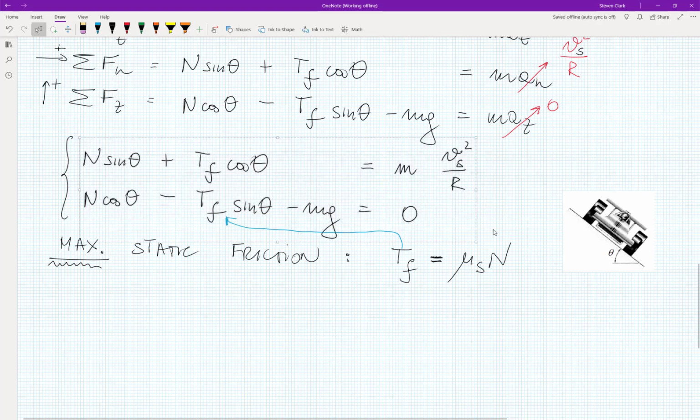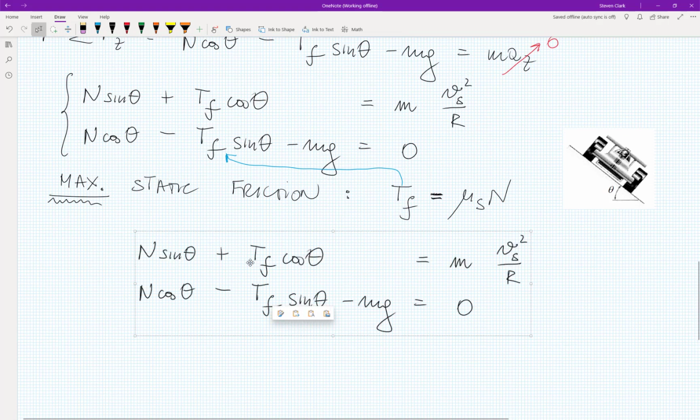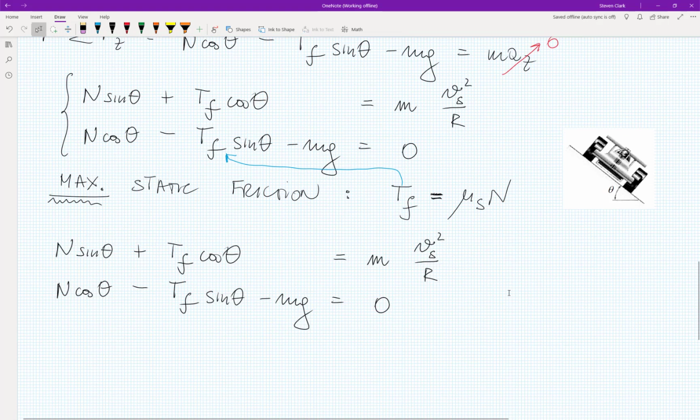So I'm just gonna copy these two equations here, but instead of TF, I'm just going to write mu s n and mu s n. Okay, so we definitely have two equations, and how many unknowns?